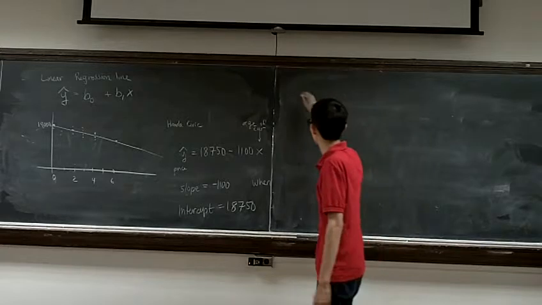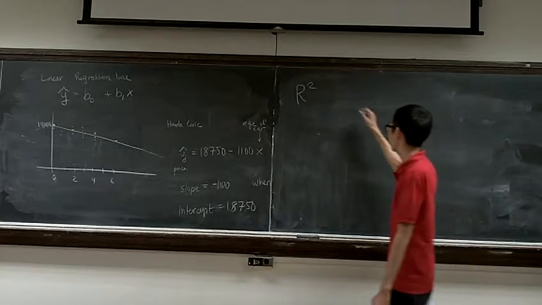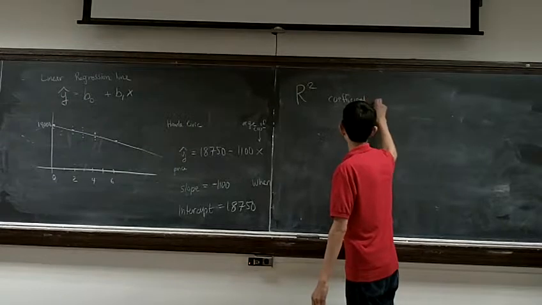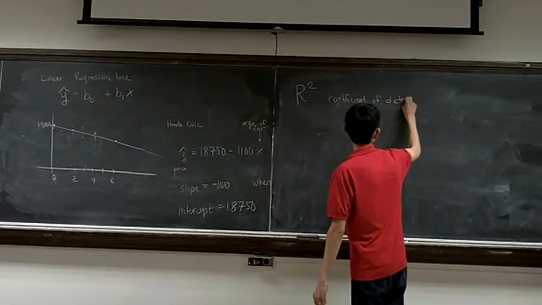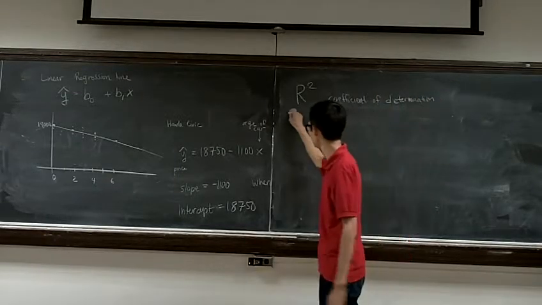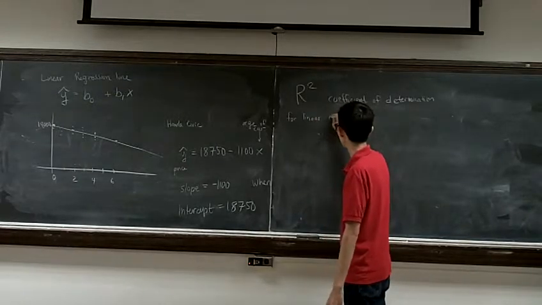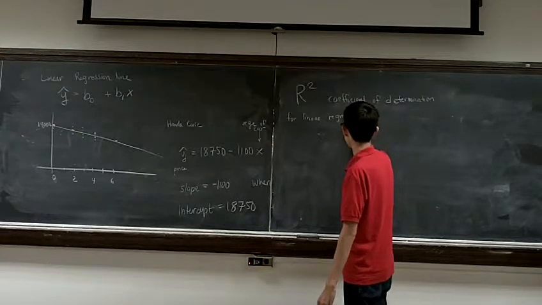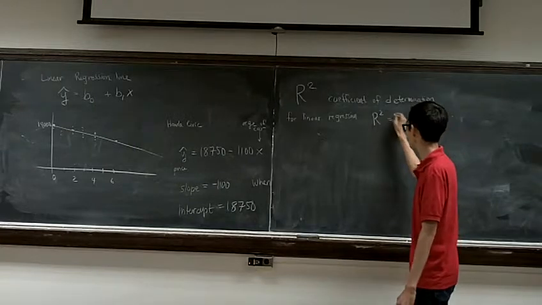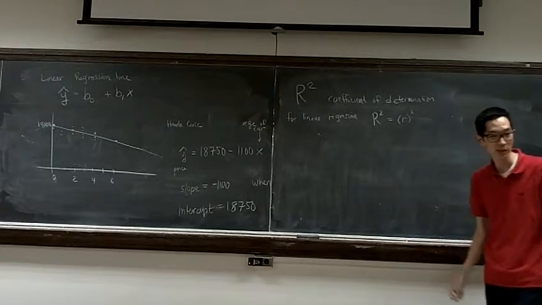There's also something called R squared. This is the coefficient of determination. For linear regression, and notice it's a capital R squared, this nice property holds that big R squared is equal to the correlation value squared.